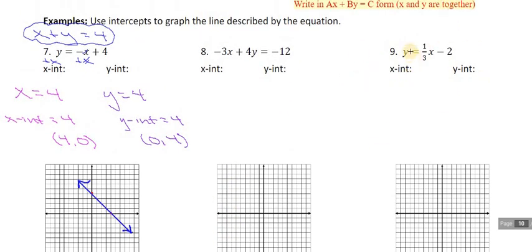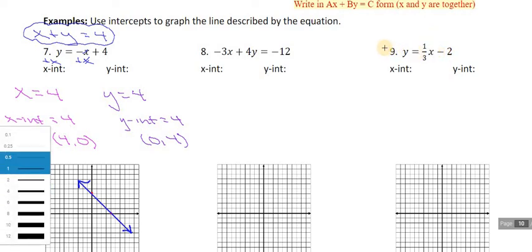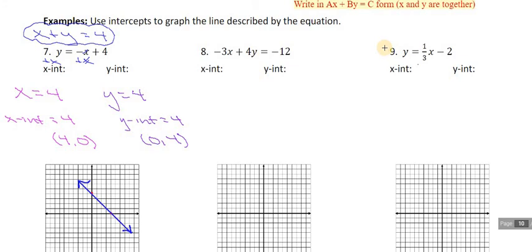Number 9 says y equals 1/3 x minus 2. So we want to use our intercepts to graph, and it's easiest if we have it in ax plus by equals c form, which means I want to bring the x over with the y. So in order to accomplish that, let's just subtract 1/3 x from both sides.